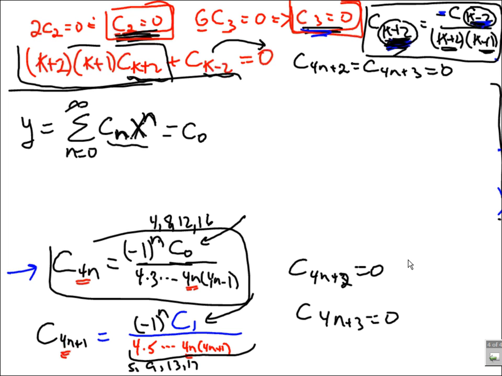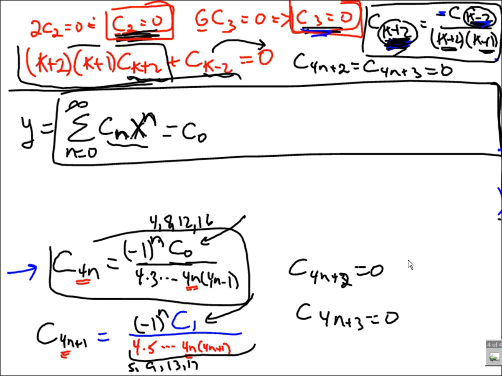Whatever we plug in for C0 and C1, it's going to work. Okay, so we have C0 plus C1x plus C2x squared. But remember, C2 is 0, plus C3 x cubed, but C sub 3 is 0.